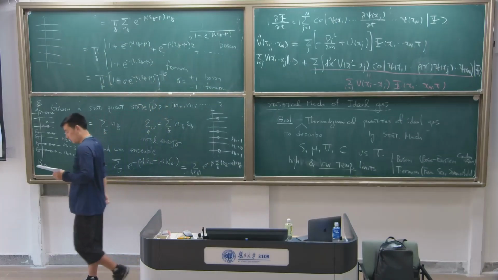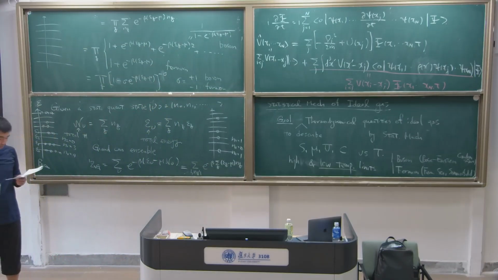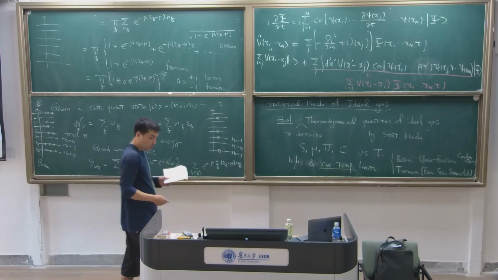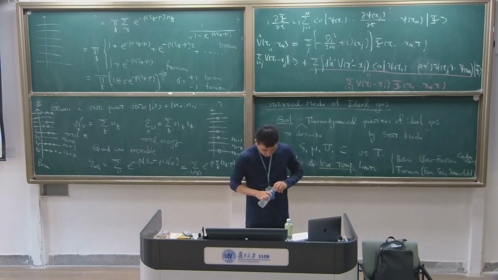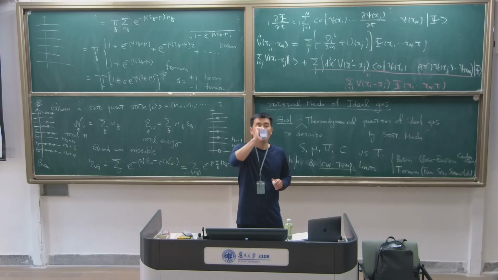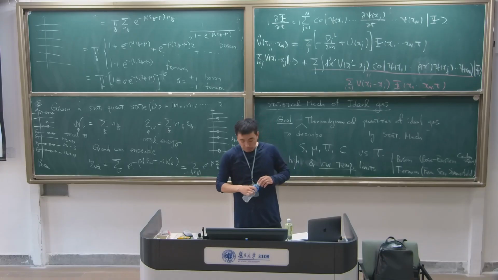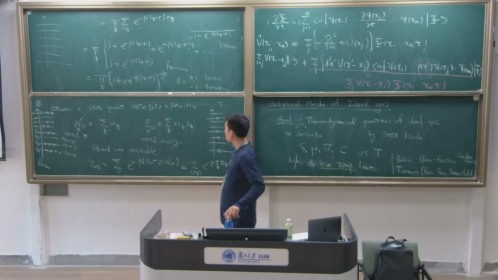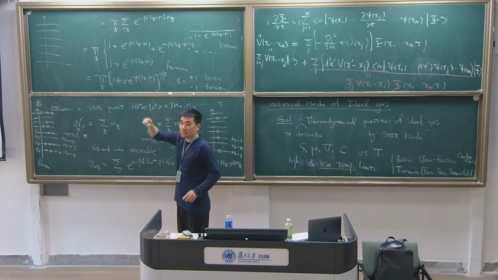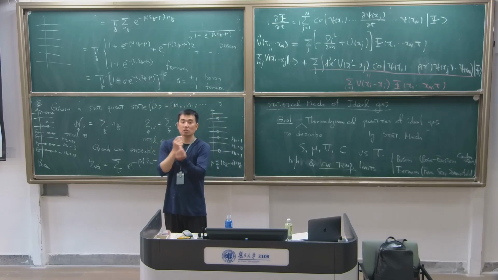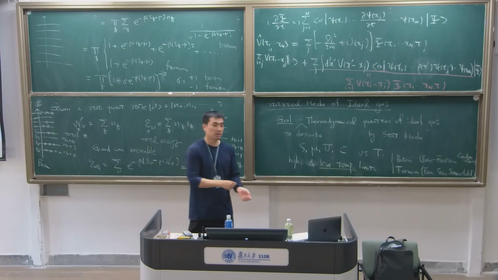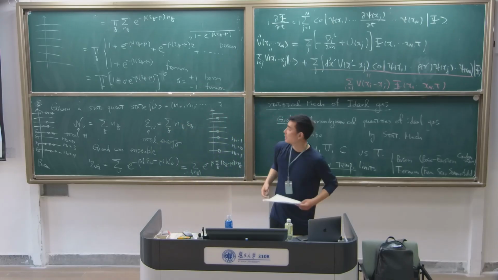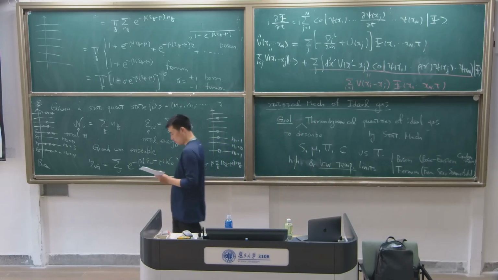This is the Bose and Fermi distribution, which I think you are very familiar with. And this sigma can be understood as whether you get a plus sign or minus sign once you swap two particles, the permutation sign.